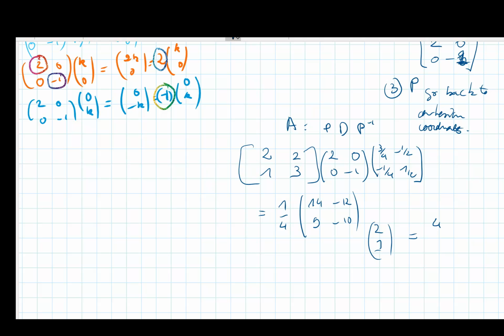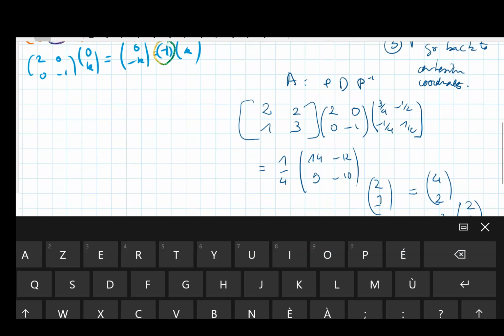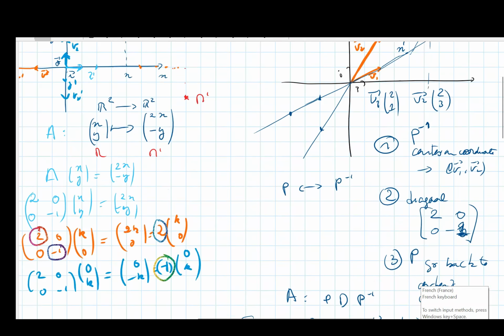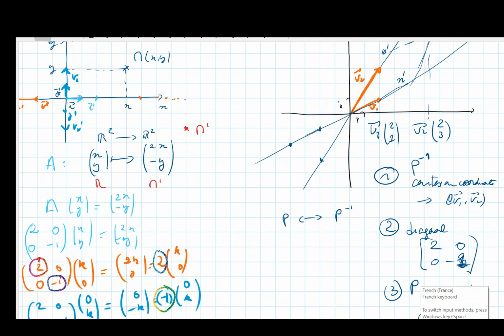For the second coordinate, 2 times 9 is 18, minus 10 is 8, divided by 4 gives 2. This is really what we expected: 2 times the vector (2, 1).